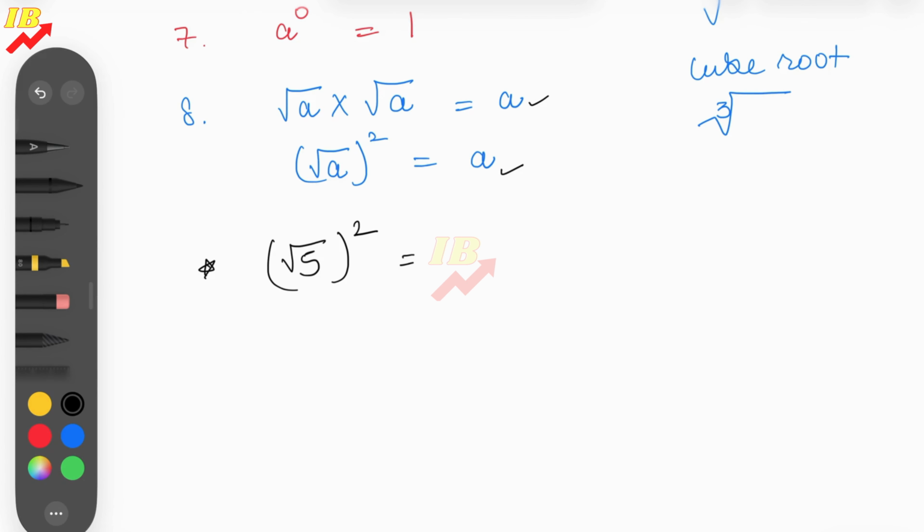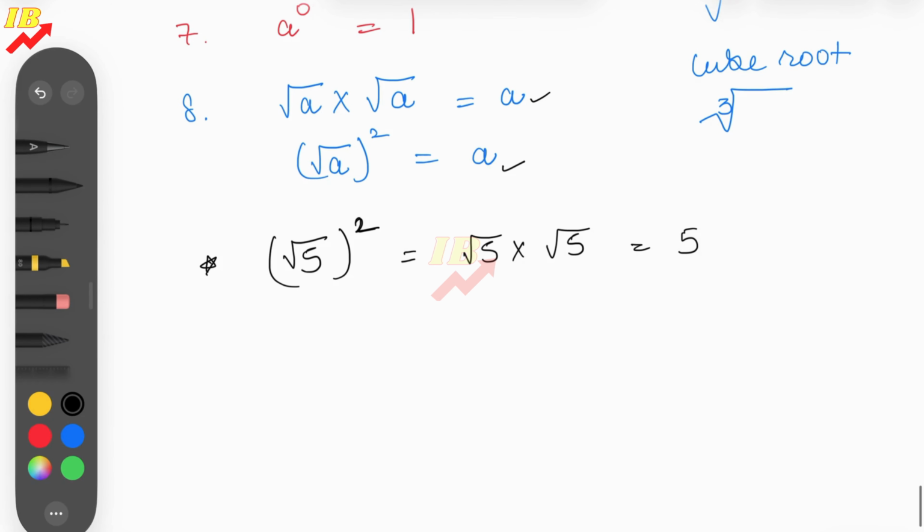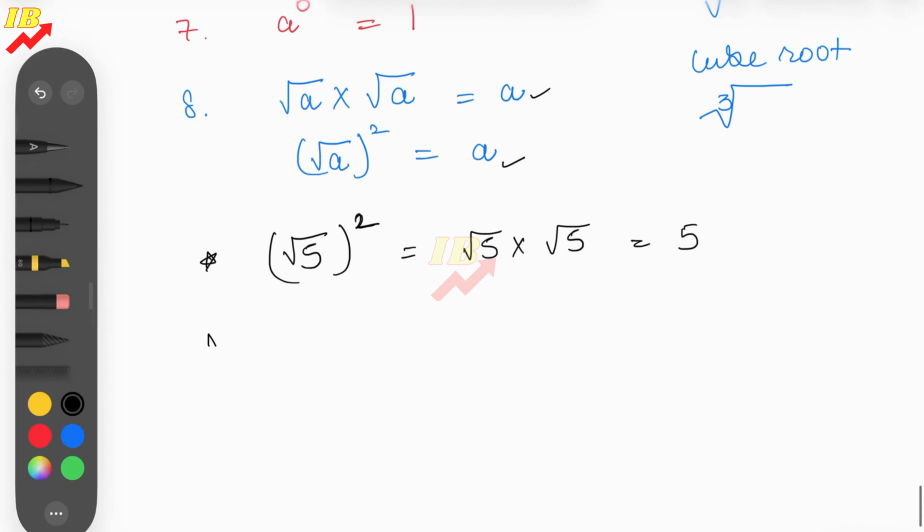Otherwise, if you understand that this is a square root, you just make a squared one pair, like root 5 times root 5. That is, of course, giving you a 5. This power means that it is occurring two times. The same thing is happening two times, right? That means you are going to make it a whole number. So that's how we write it. Let's take a little bigger one.